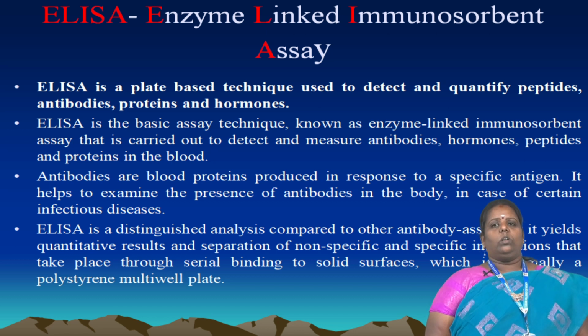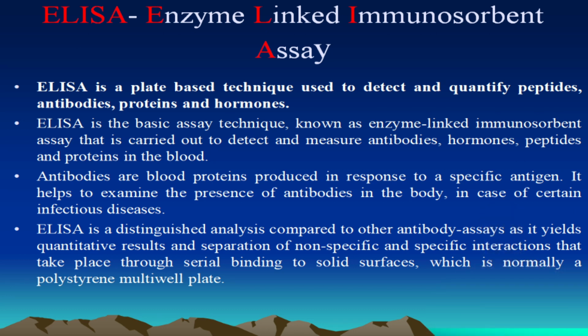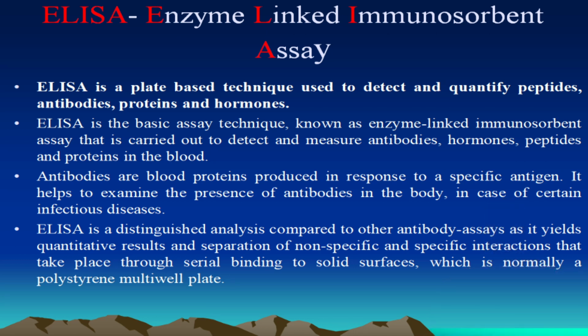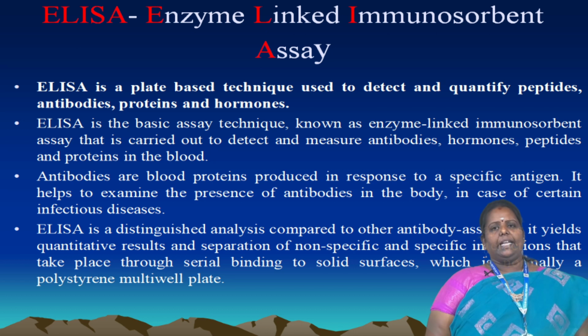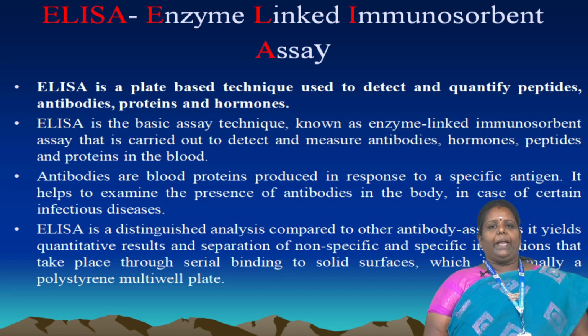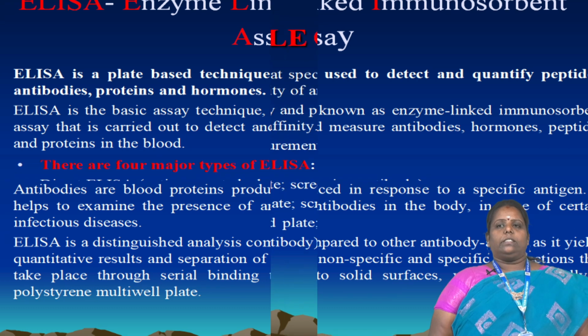These ELISA tests analyze the antibody assay both qualitatively and quantitatively. It separates non-specific and specific interactions through serial binding on solid surfaces. Normally, a polystyrene multiple-well plate is used for the ELISA test.